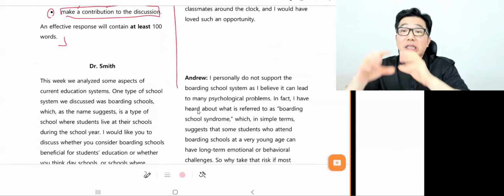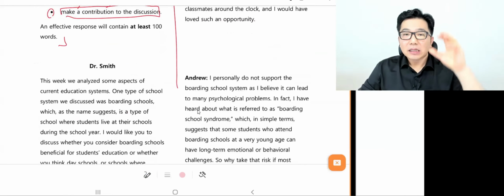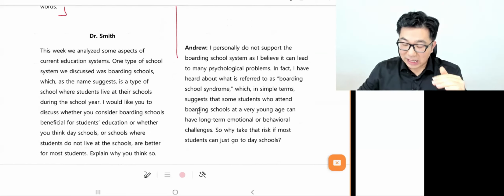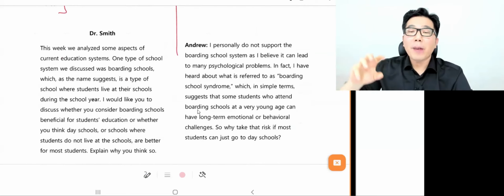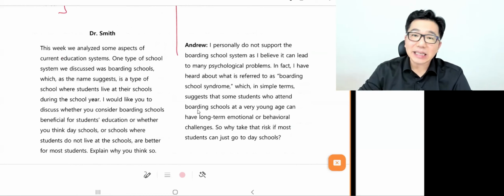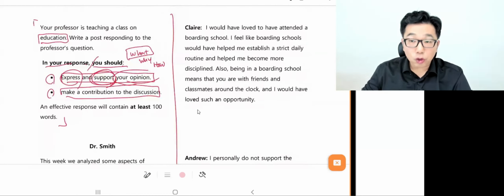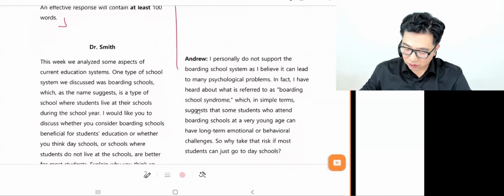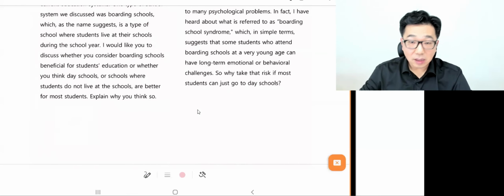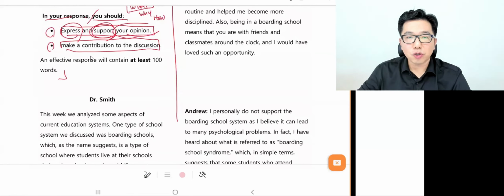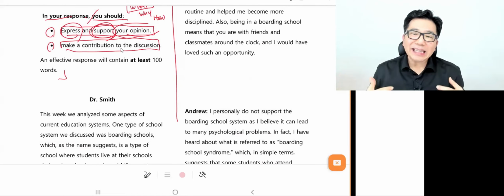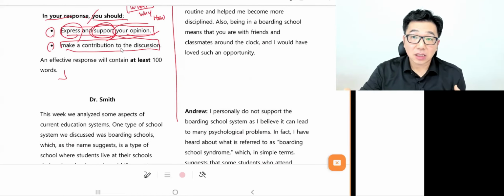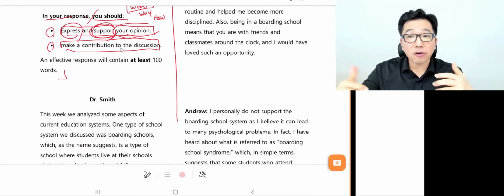And pretty much if you just copy and paste these 2 students' answers, even if it's paraphrased, if you basically copy and pasted these 2 students' contents and create your answer, then you are not making a contribution. Yeah? You just copy and paste. Okay? So basically making a contribution to the discussion here means you are adding more contents, different views, different reasons.